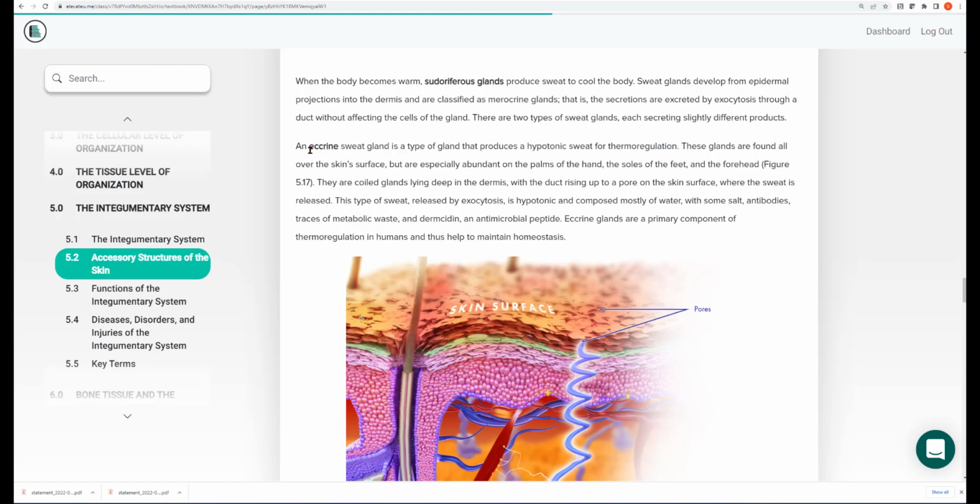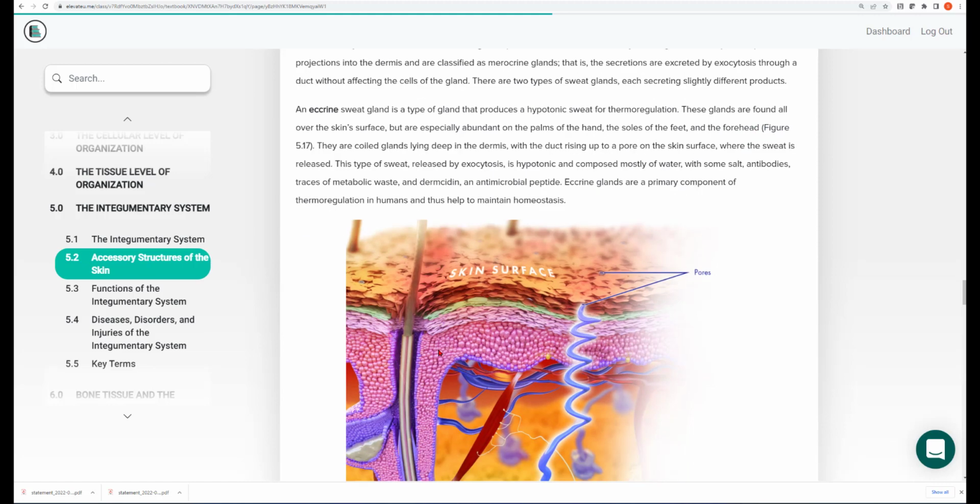These sweat glands, the eccrine sweat glands, are primarily producing water. They're found in greatest concentration in the palms of your hands. We all know our hands are sweaty. The soles of our feet, right? We sweat a lot into our socks, and we certainly perspire a lot from our forehead.